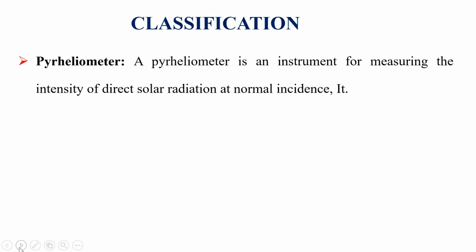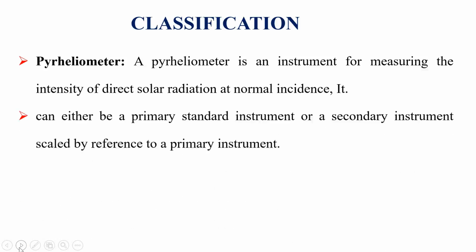A pyroheliometer is an instrument for measuring the intensity of direct solar radiation at normal incidence. It can either be a primary standard instrument or a secondary instrument scaled by reference to a primary instrument.